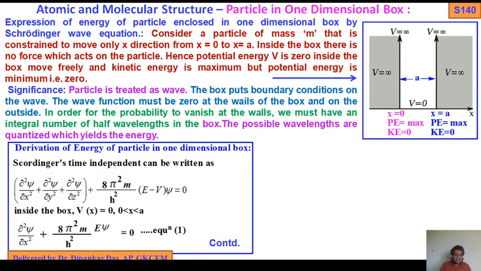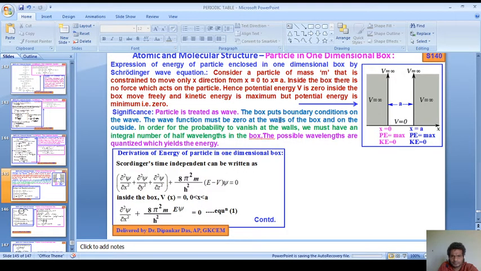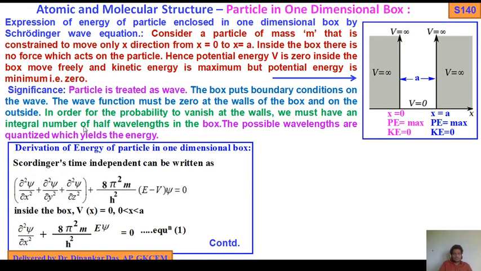Now, significance. The particle is treated as a wave. We know the box puts boundary conditions on the wave. The wave function must be 0 at the walls of the box, and on the outside.